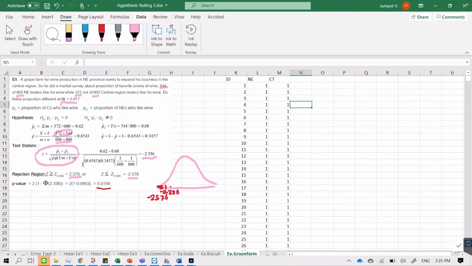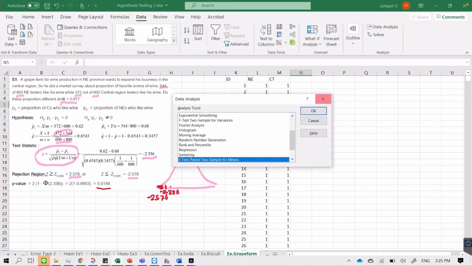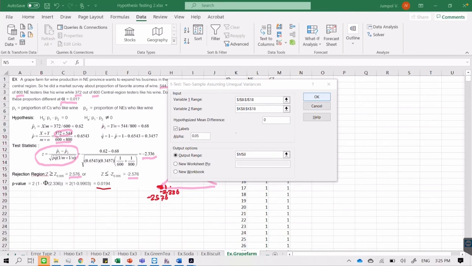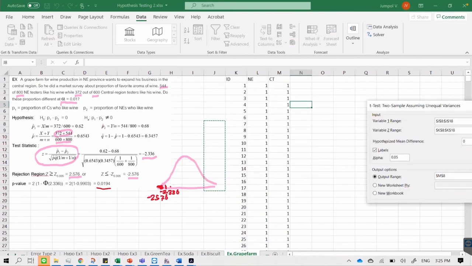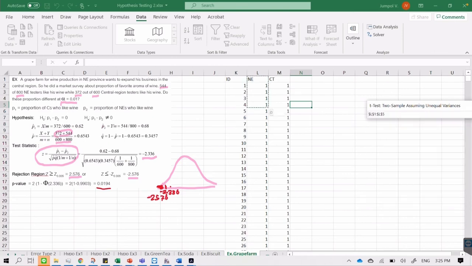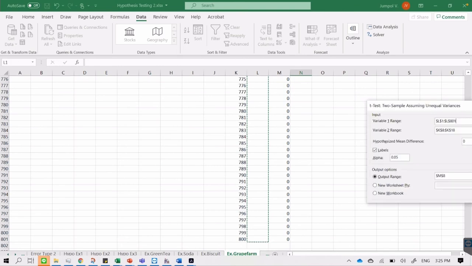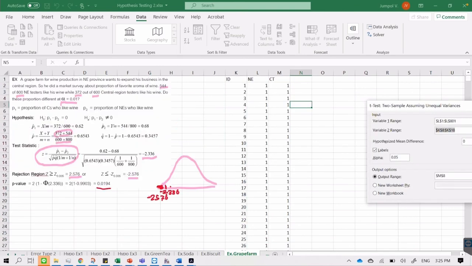So this is proportion, right? We use t-test two-sample assuming unequal variances. Click, then select the first set of data. Select the second set of data.